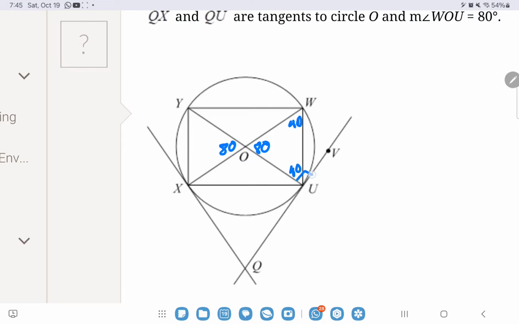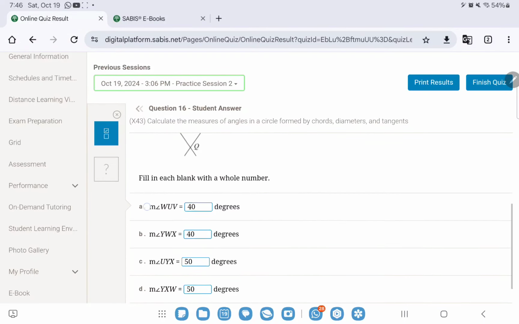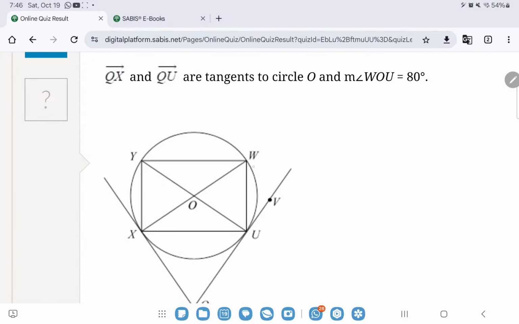And we know that these are right angles because it's a radius to a tangent. So if this is 40, then this must be 50. That's the answer for our first angle, the first angle they asked for. WUV, yeah, it's 50.